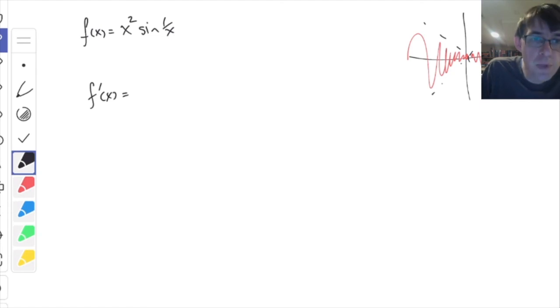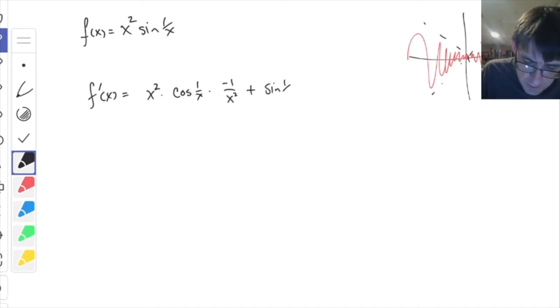The product rule here: I take the first thing as it is times the derivative of the second thing, and there I have to use the chain rule. So the sine becomes a cosine 1 over x times the derivative of 1 over x, which is minus 1 over x squared. Then I add the second part times the derivative of the first part, that's sine of 1 over x times 2x.